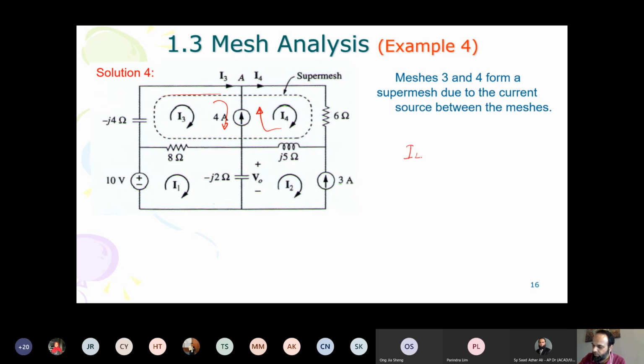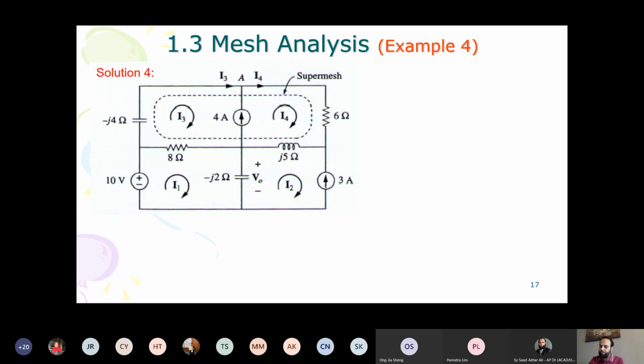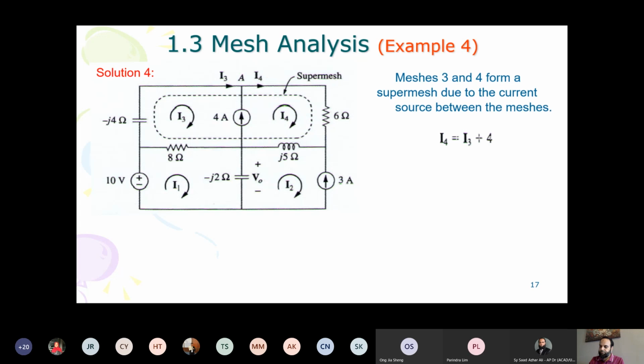So I4 minus I3 equals 4. Very simple equation. Remember, we are writing current equations. With the voltages in the form of currents, we have one equation very easily. All right. I4 equals I3 plus 4.